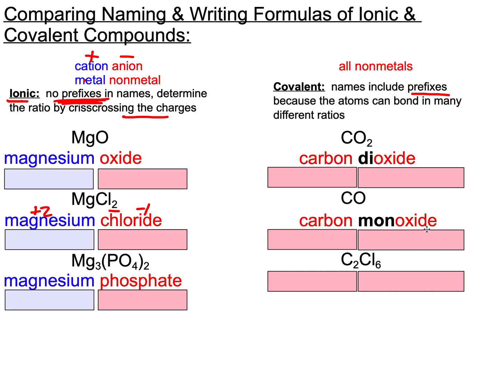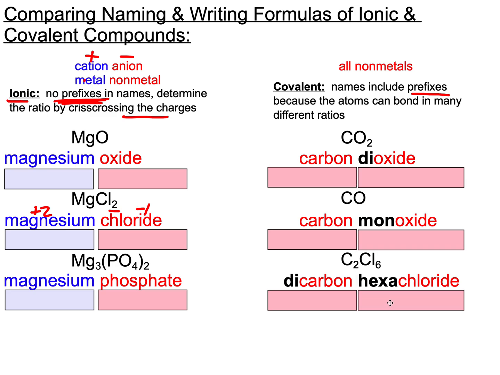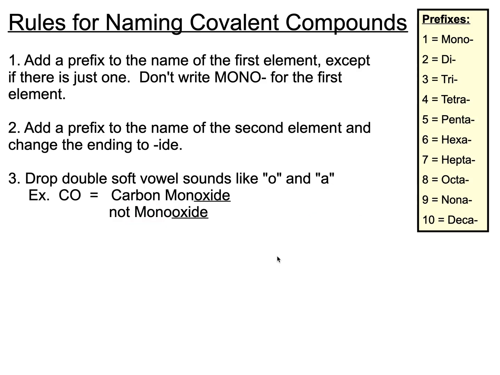So we use monoxide. The prefix mono means 1. Carbon can hook up with 6 chlorines. Well, we want to indicate that there's 2 carbons and 6 chlorines all hanging out together, sharing electrons so everybody's happy. We need prefixes to tell us how many there are. So covalent is going to include prefixes.